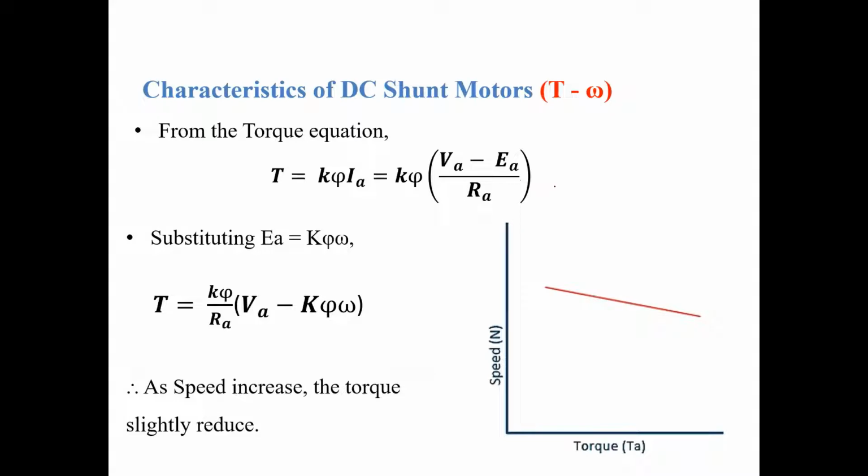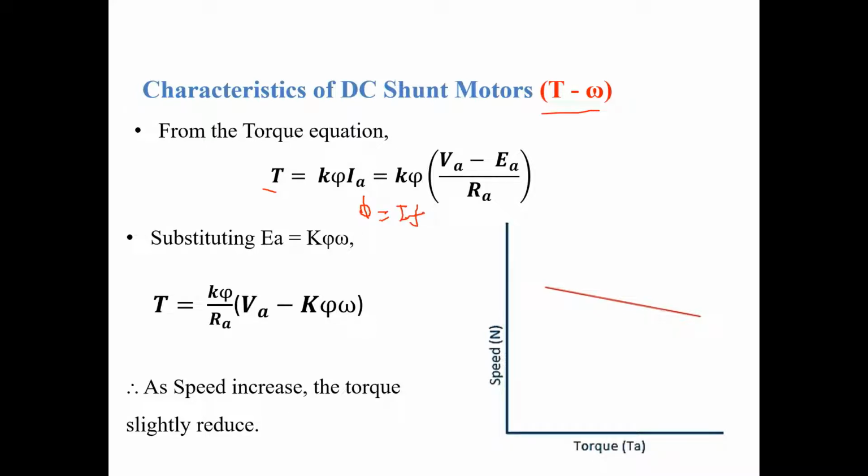And the third characteristic of the DC shunt motor that we are going to see is torque versus speed, very important. As you can see, this is the torque. Torque equals K flux IA. By the way, when I say flux, I mean the same as I field, the field current.